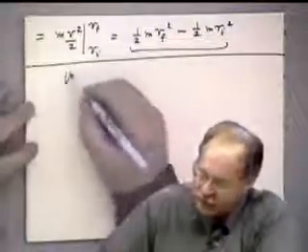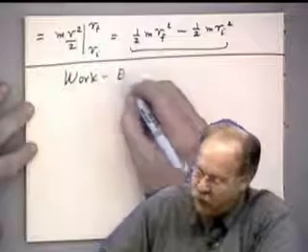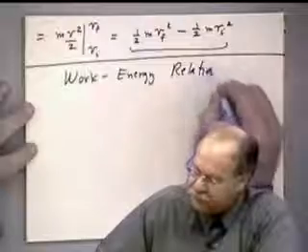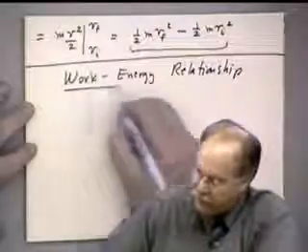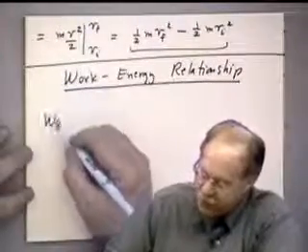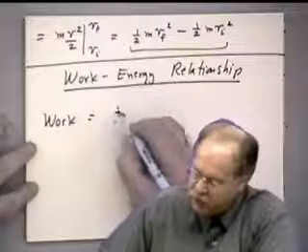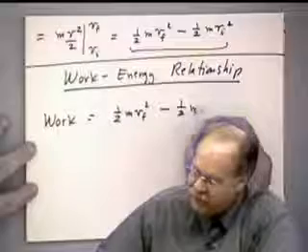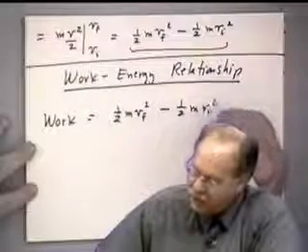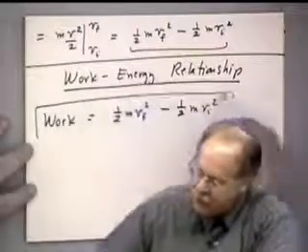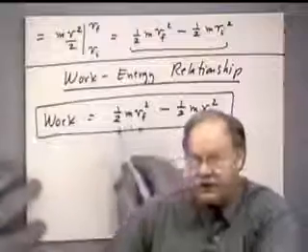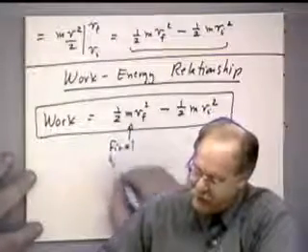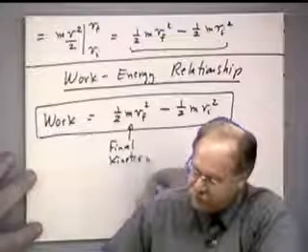Let's write this down in one place. This is called the work-energy relationship. And what it says is that work is equal to this 1/2 m final velocity squared minus 1/2 m initial velocity squared. That is the work-energy relationship, because this first expression is what's called the final kinetic energy, energy of motion.